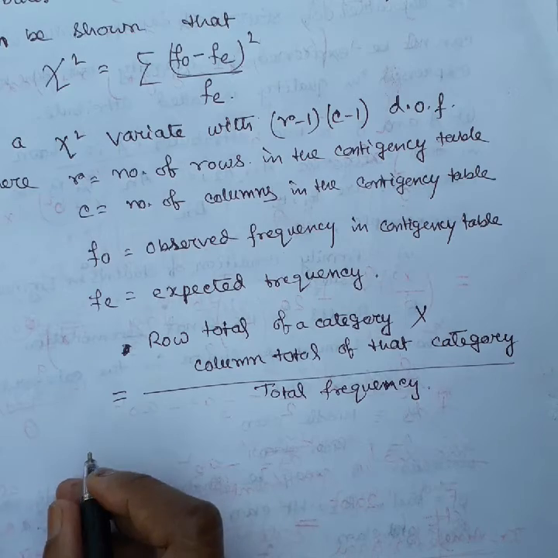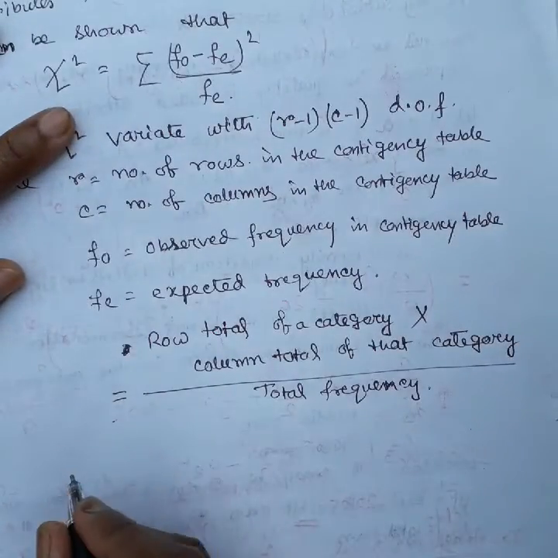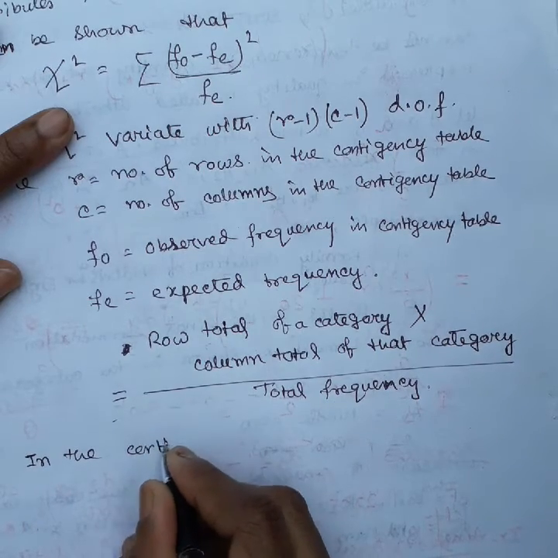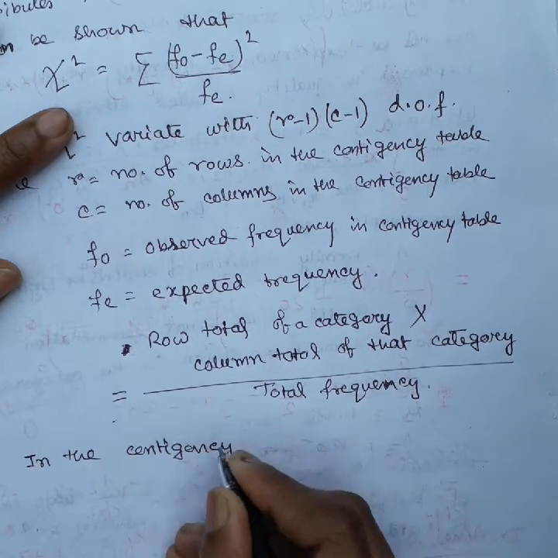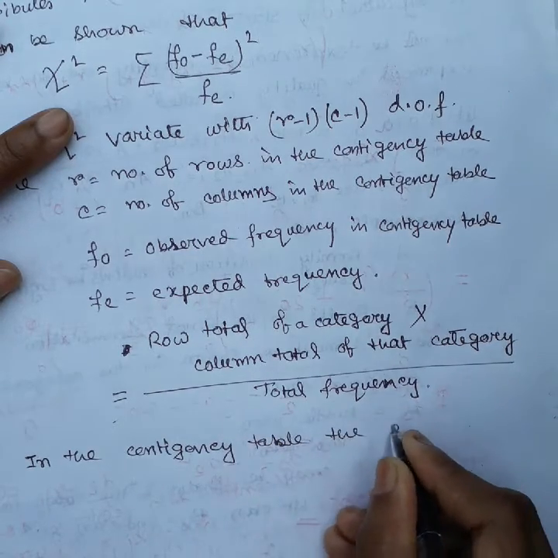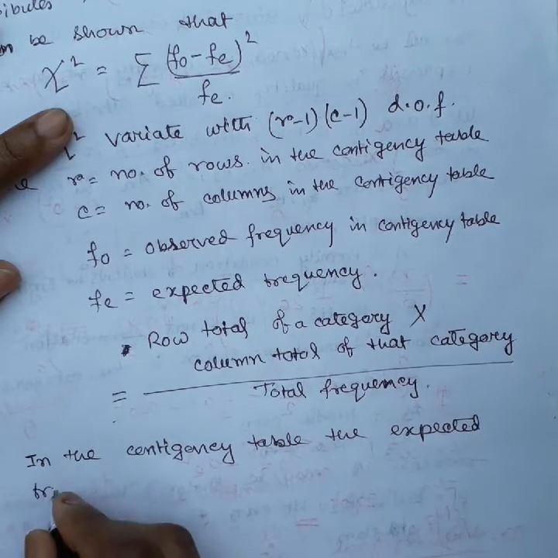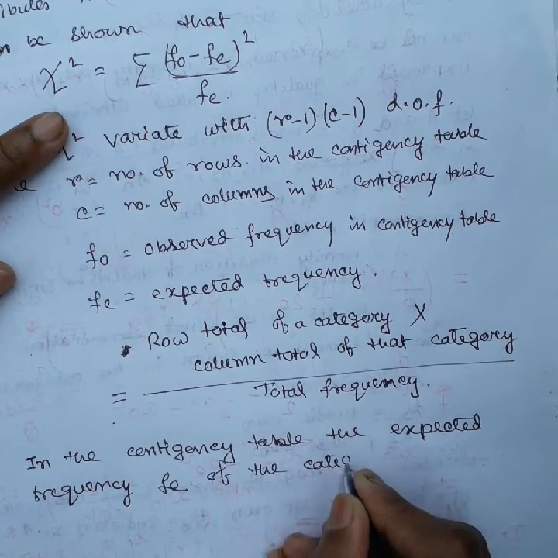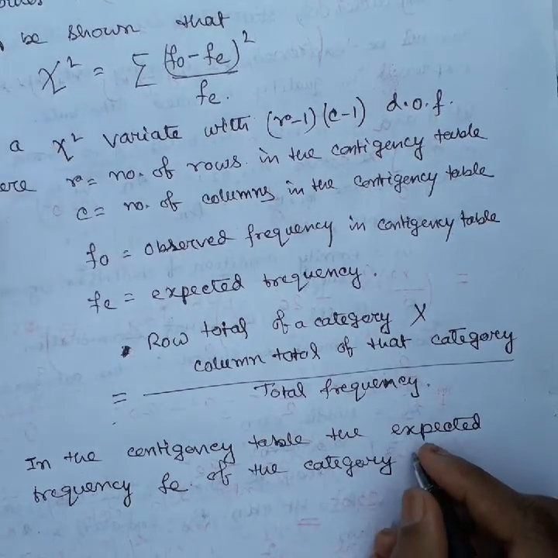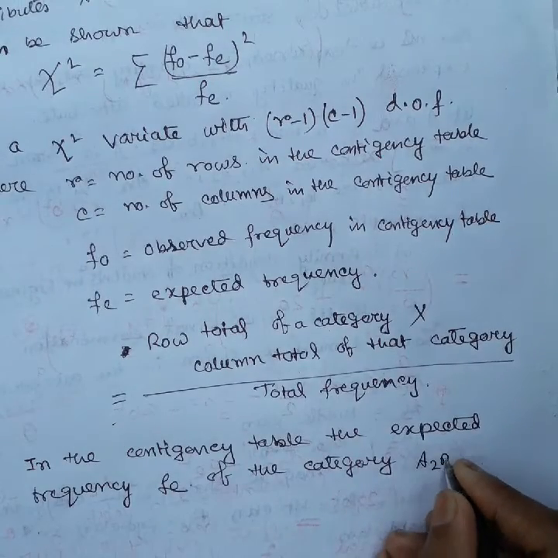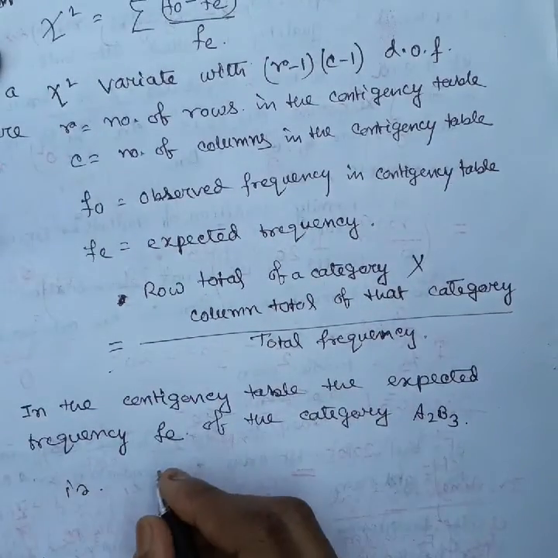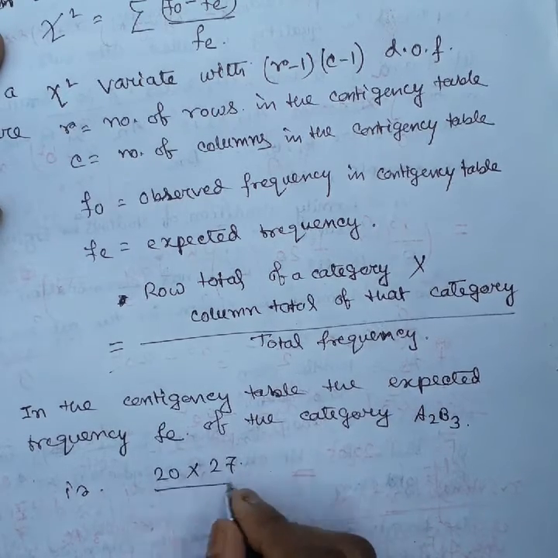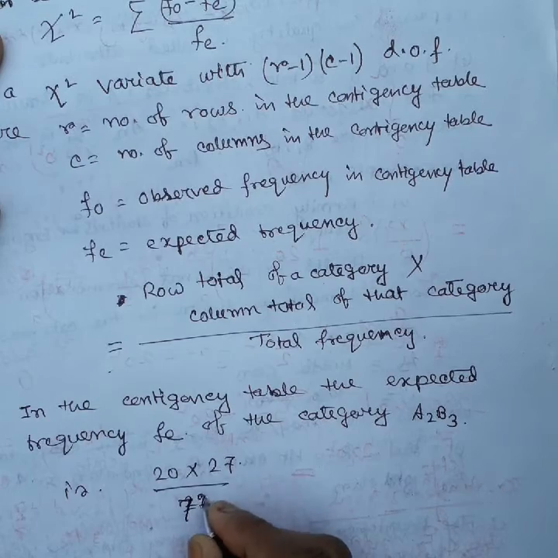So in the contingency table, if we find the expected frequency FE of the category, say A2 B3, that means 20 into 27 by 72.